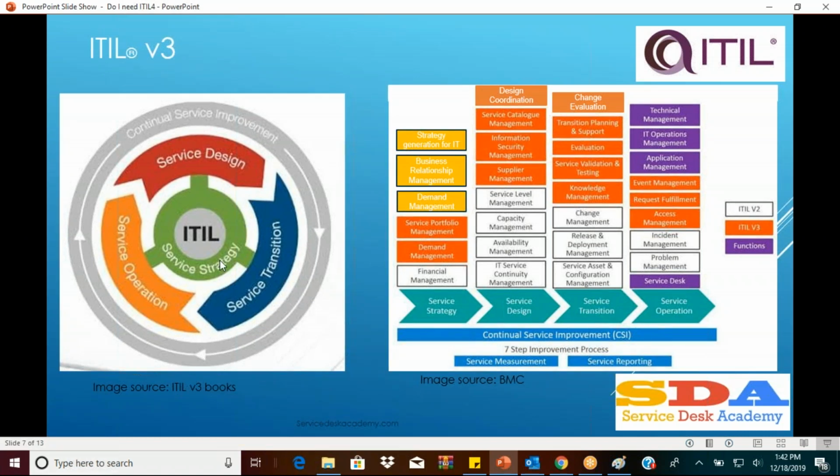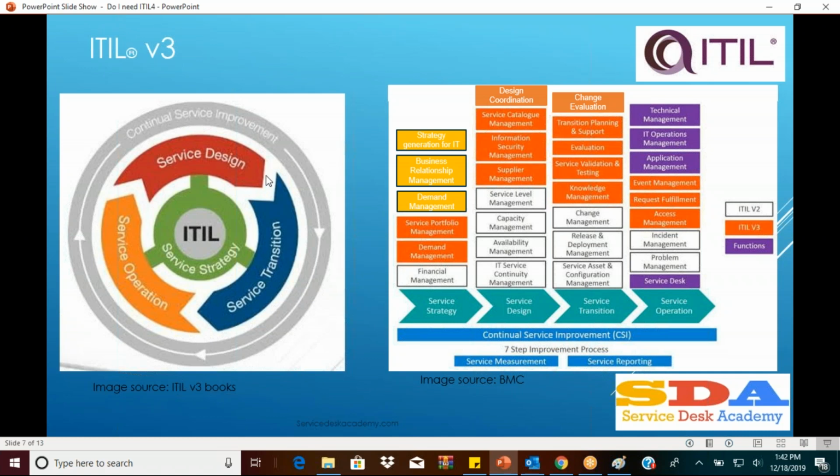So what is service strategy? Service strategy was the process area which focused on developing strategic assets rather than organizational assets. In service strategy, we had processes like strategy generation for IT services, business relationship management, demand management, service portfolio management, and financial management.